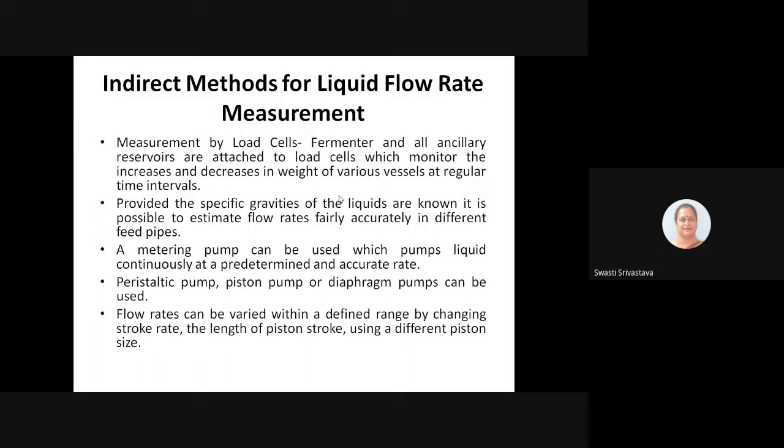Then another device is a metering pump, which can be used with liquids that are flowing continuously at a predetermined rate, and that have an accuracy also. A variety of metering pumps are commercially available, including motorized syringes, peristaltic pumps, piston pumps, or diaphragm pumps. Now the motorized syringes are used only when very small quantities of liquid have to be added slowly to a vessel.